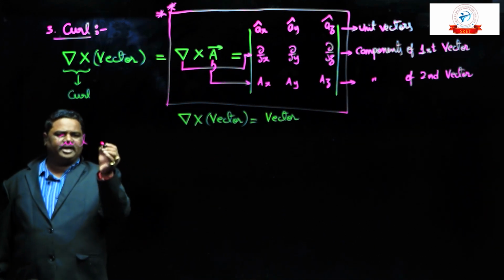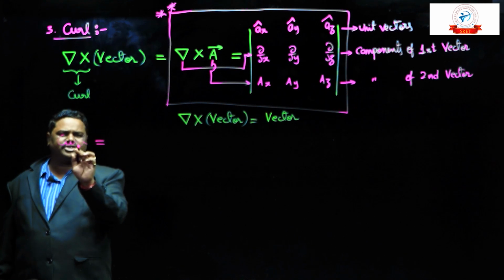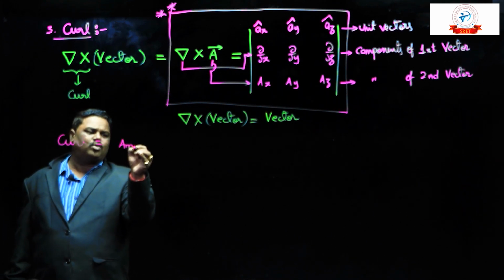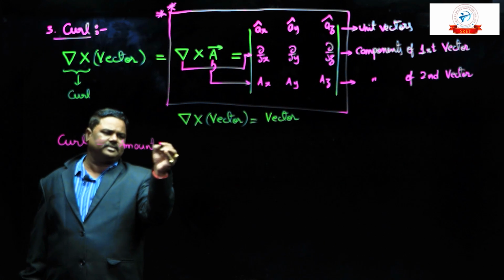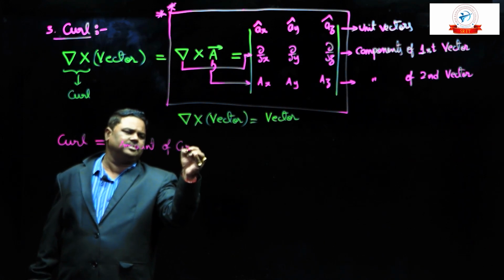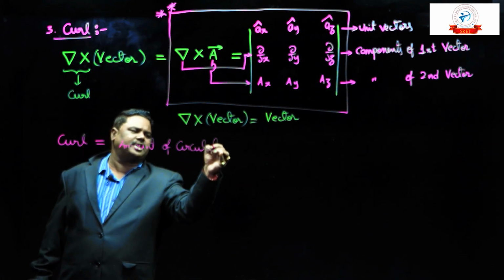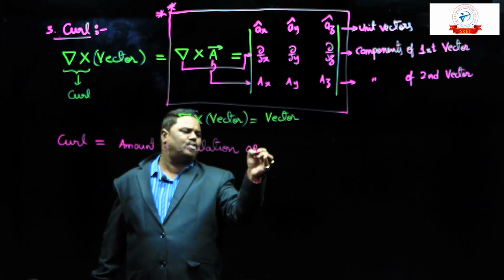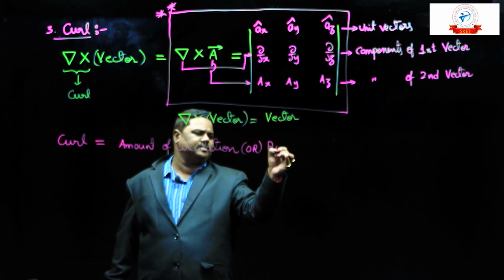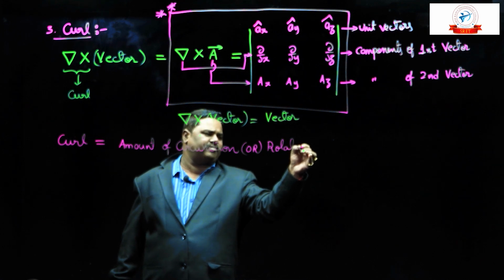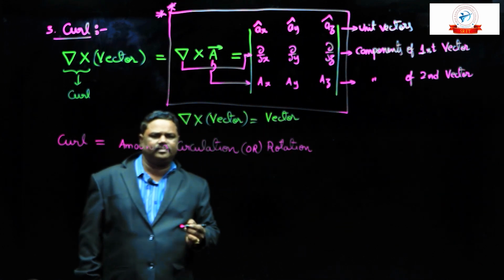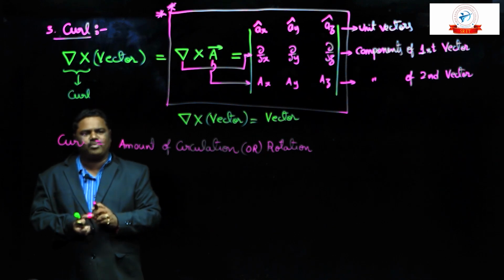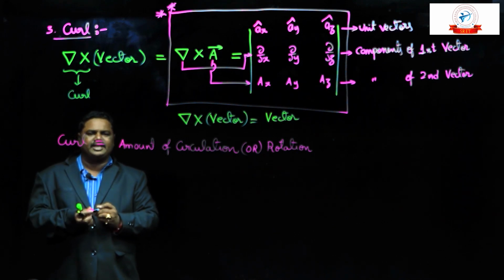Similarly, when you apply the curl operation on any vector, it finds the amount of circulation or rotation in the given vector field.